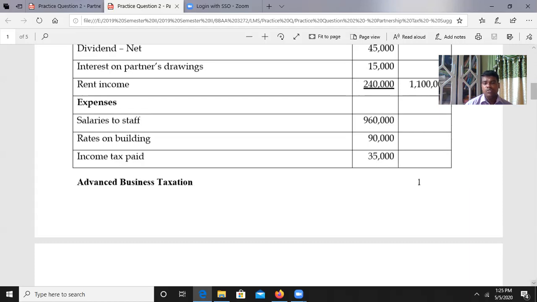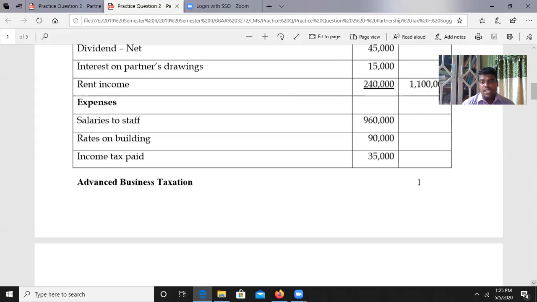So you don't need to do any adjustment, because that 960,000 you already reduced from the profit. Again, you don't need to reduce that 960,000 from the profit because you already deducted it. That can be accepted for the taxation. So you don't need to do any adjustment.